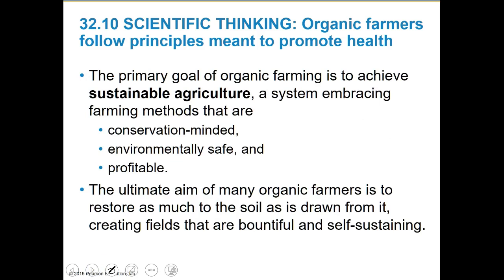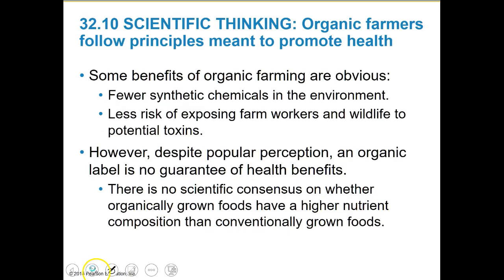The primary goal of organic farming is to achieve sustainable agriculture, which is conservation-minded, environmentally safe, and profitable. It sustains itself, so we can continue to live off of it. The ultimate aim of many organic farmers is to restore as much to the soil as is drawn from it, creating fields that are more self-sustaining.